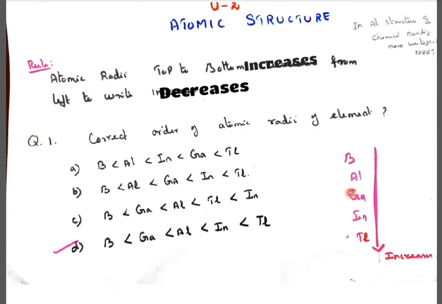The d orbital has a very poor shielding effect, so the outermost electrons are pulled by the nucleus and the size shrinks compared to aluminium. So aluminium has a larger size than gallium because of the poor shielding effect of the d orbital. So the order is thallium is greater than indium, greater than aluminium, greater than gallium, greater than boron.